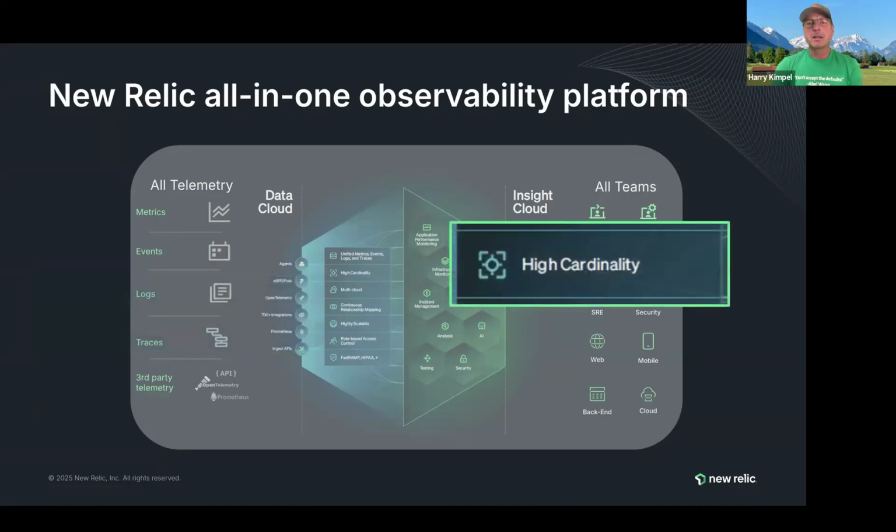And the third aspect, and this is really kind of unique with New Relic, is that we are handling out of the box an aspect called high cardinality. What this actually means, I'll cover it in a second, but basically, if you have traces, metrics, or logs coming in, and you add some custom attributes for these kinds of telemetry, for example, in a retail scenario, maybe the product ID that your end user is putting into a cart, or the product category ID.